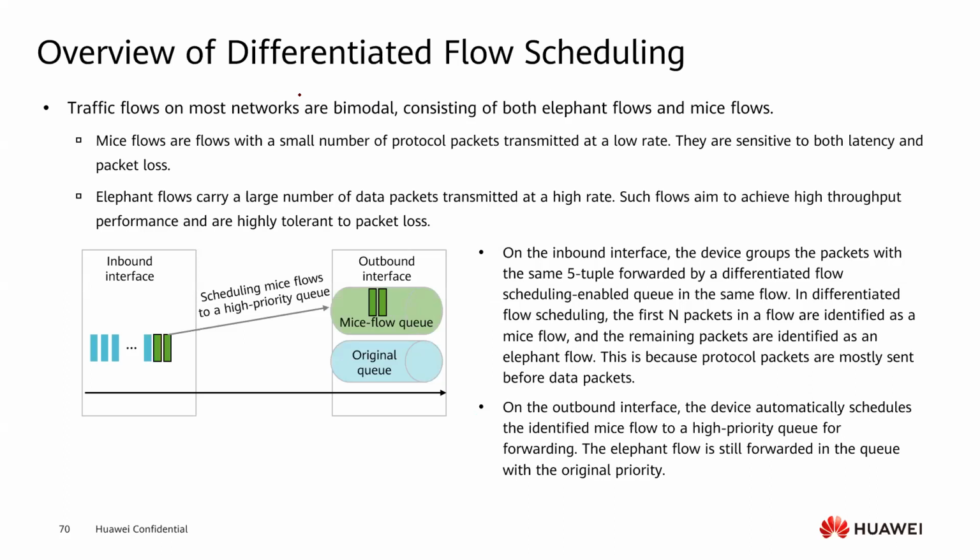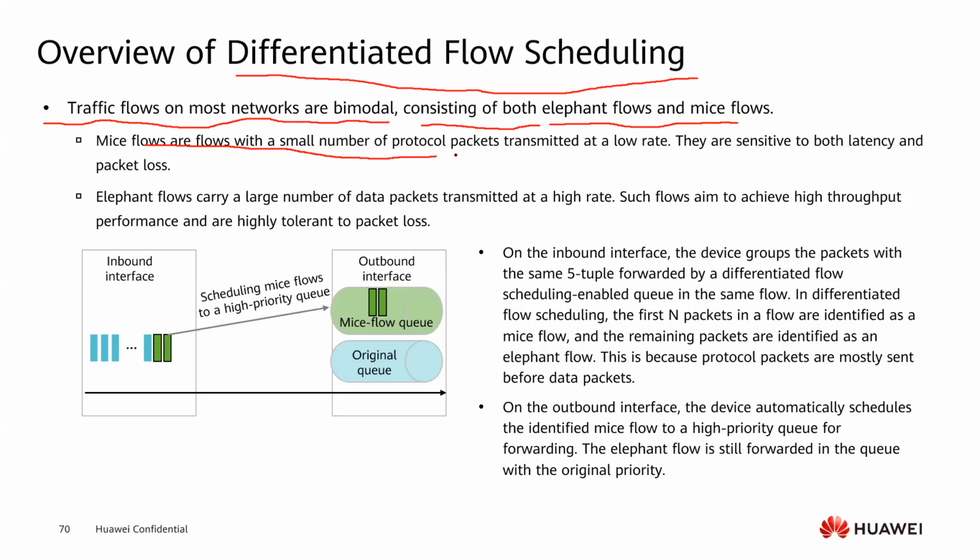Let's see another concept, differentiated flow scheduling. Traffic flows on most networks are bimodal, consisting of both elephant flows and mice flows. Mice flows are flows with a small number of packets at a low rate.